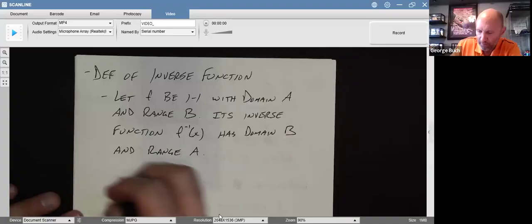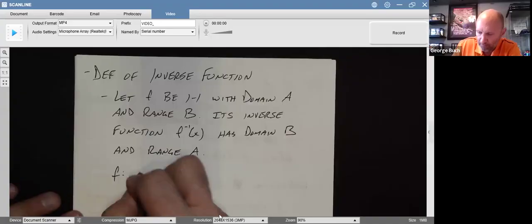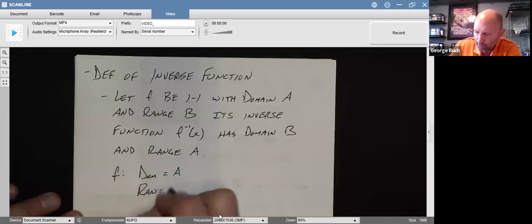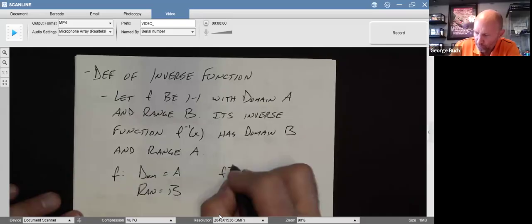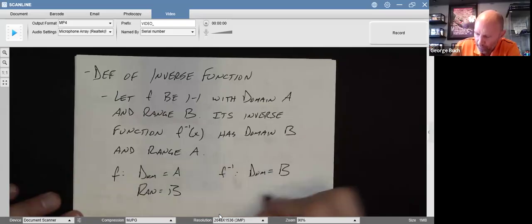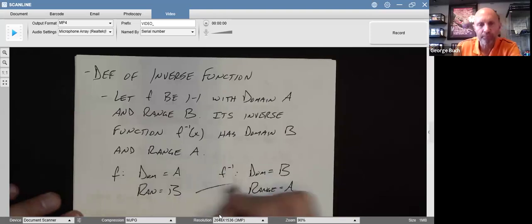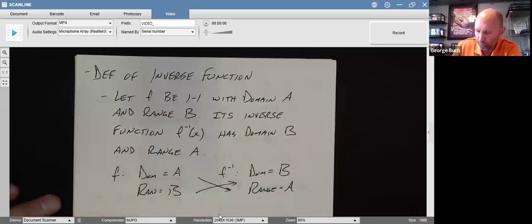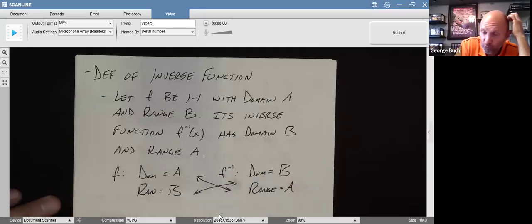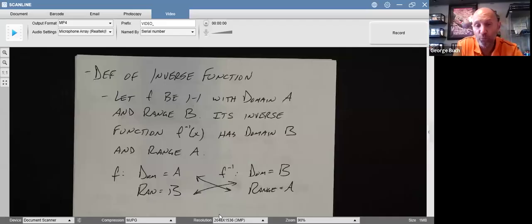So if f has domain A and range B, then f inverse has domain B and range A. They just switch. That's it. And vice versa as well. If you know the inverse, you could go the other way. That's going to come in handy in 126, and especially in 127.